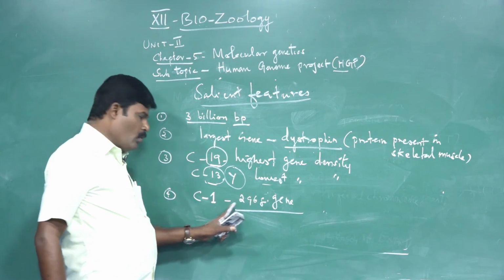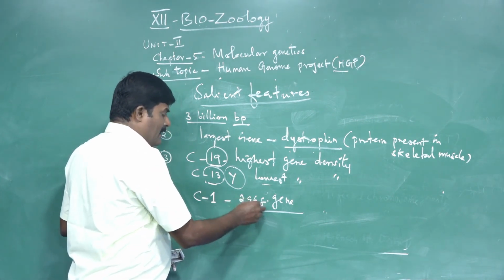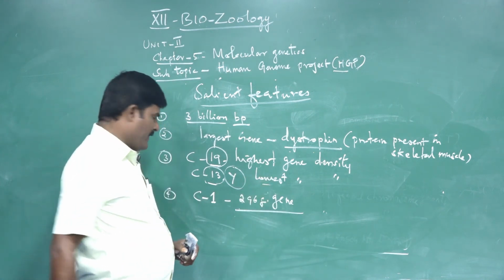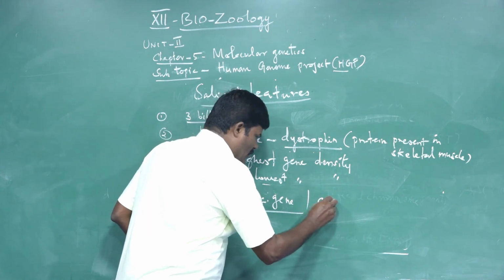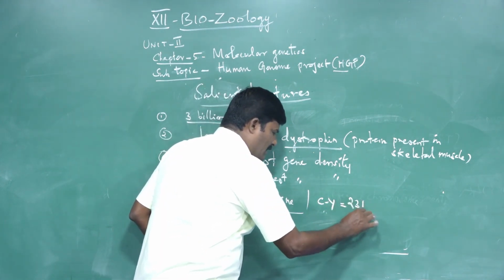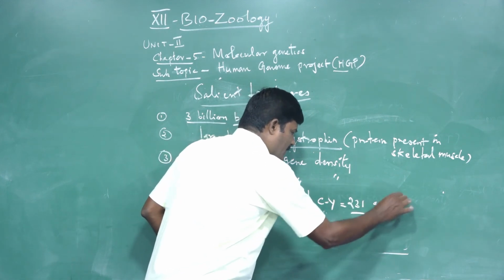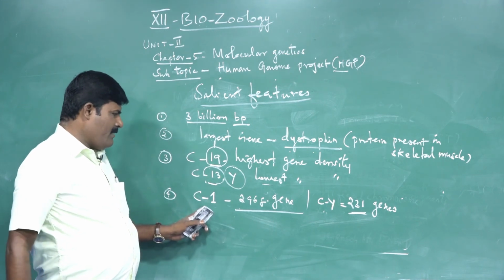Which one has the least number of genes? The Y chromosome. It contains only 231 genes. So listen carefully.